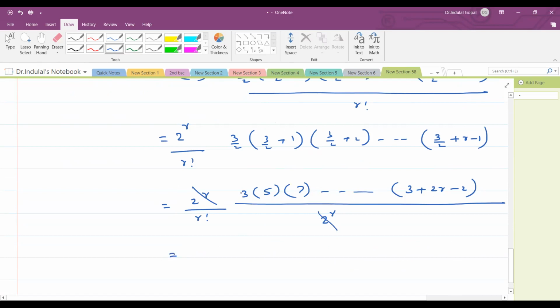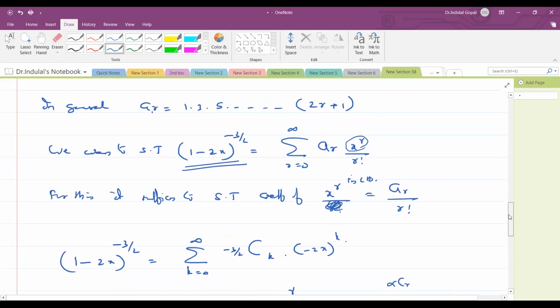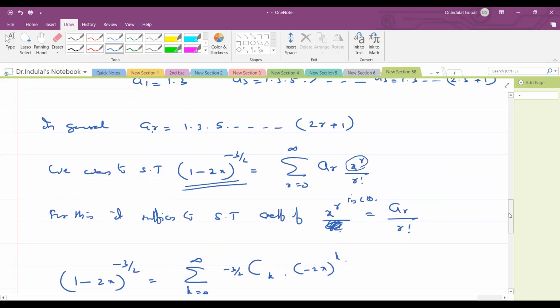We add a 1 here. In the multiplication process, the introduction of a 1 does not alter this product. So this is 1 into 3 into 5 into 7 into etc. 2r plus 1 by r factorial. So that is what was required. We proved that the coefficient of x raised to r is ar by r factorial.